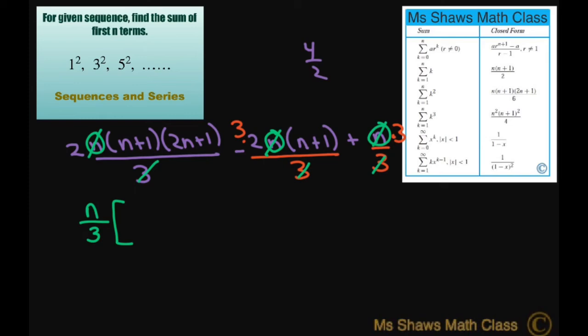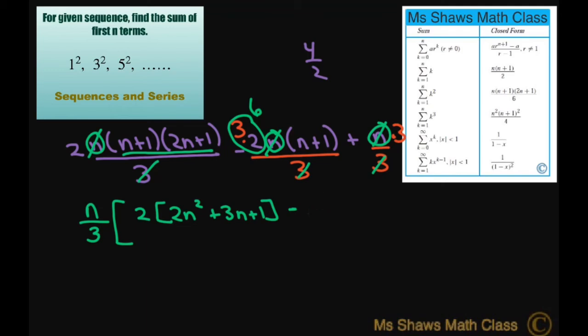So now we're going to have 2 times, I'm going to go ahead and condense this. This is going to be 2n squared plus 3n plus 1. All right, now this one is 6, so this is going to be minus 6 times n plus 1. So let's write that out.